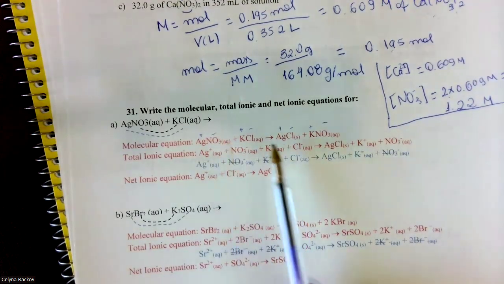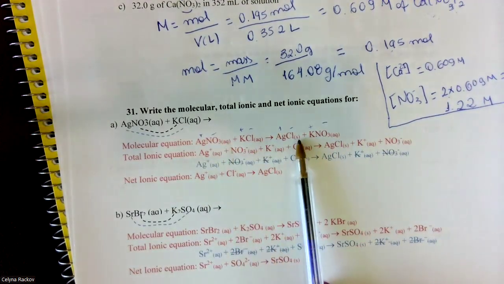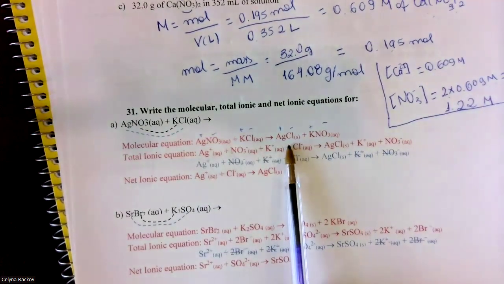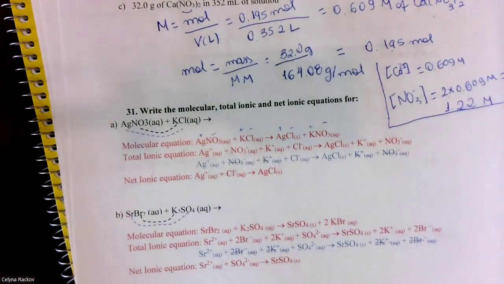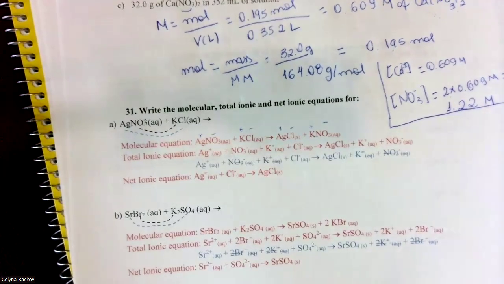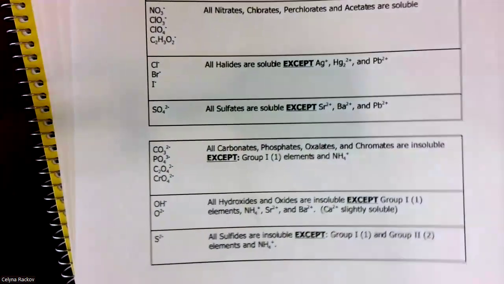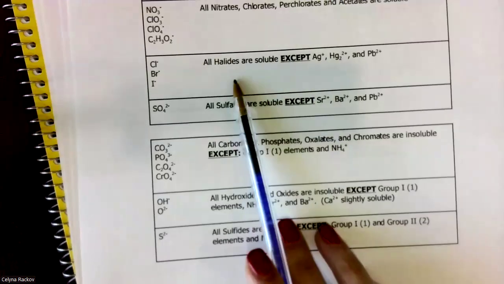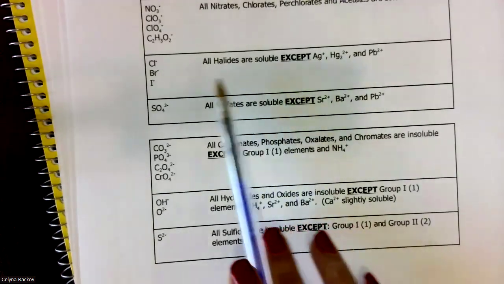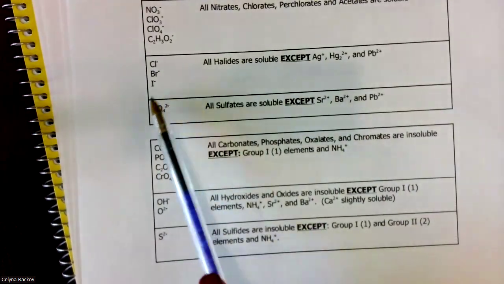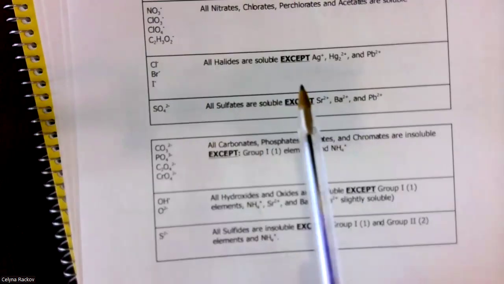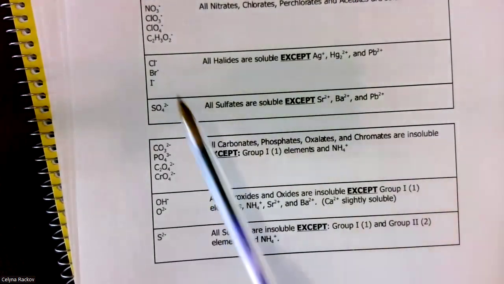As here, for silver chloride you have an S. Right, you have S for silver chloride. So all halides are soluble. Chloride is a halide, like here.